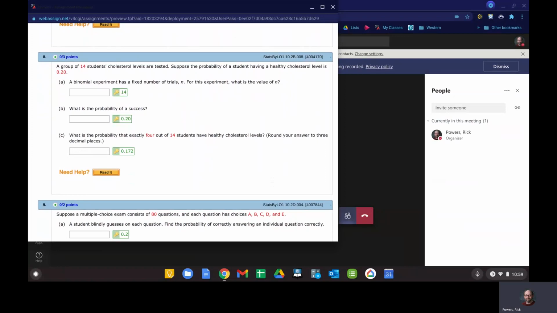So we're asking the question, how many students do we expect to have a healthy cholesterol level? And in addition, we would say, what is the probability of those different numbers of students? Now, if it's a 20% chance, then to have all 14 of them be healthy, well, that's probably not going to happen, right?